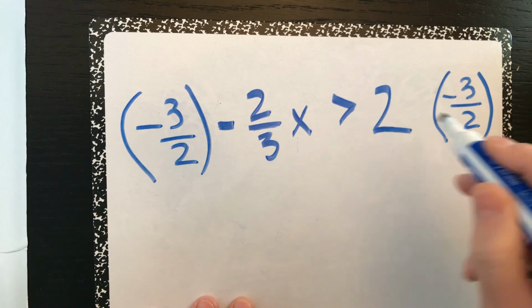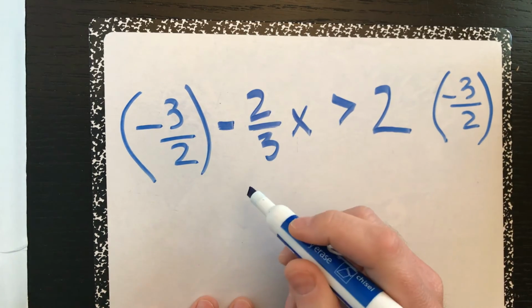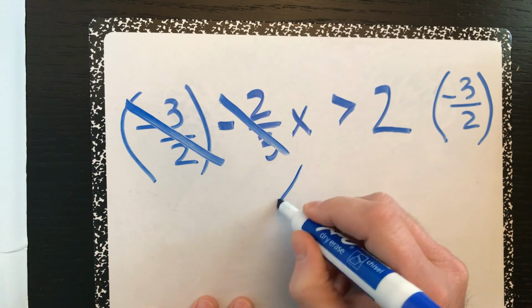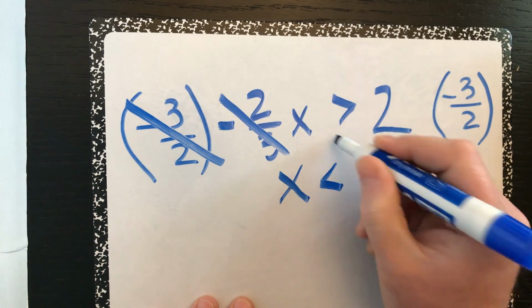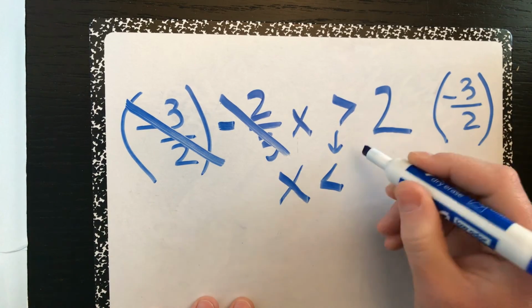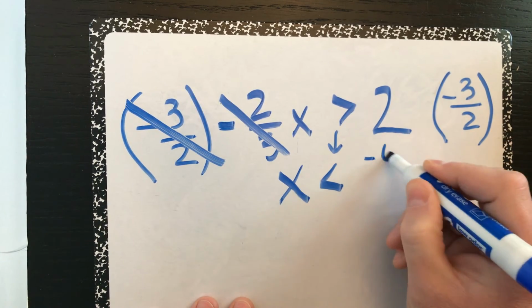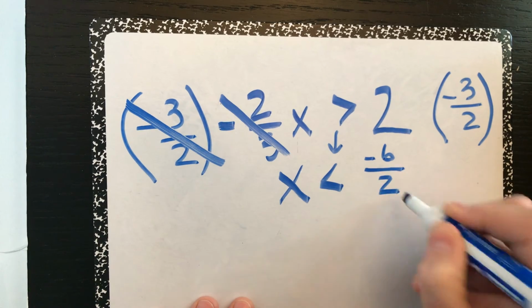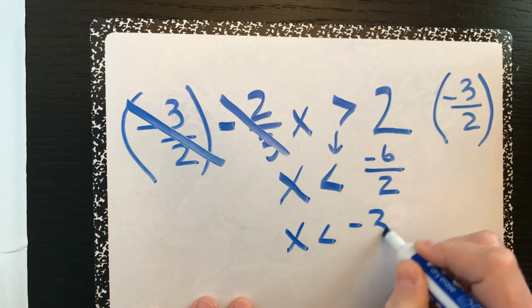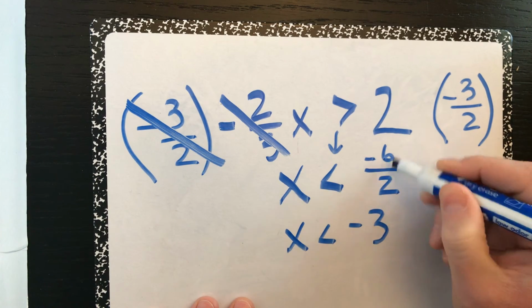The number that I'm multiplying on both sides is negative, so my inequality is going to flip, okay? So 2 times negative 3 is negative 6, all over 2. So x is less than negative 3 after I reduce that.